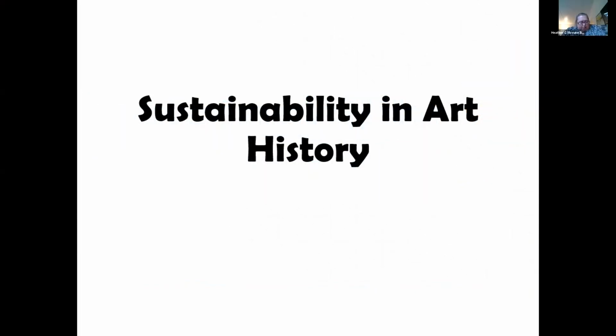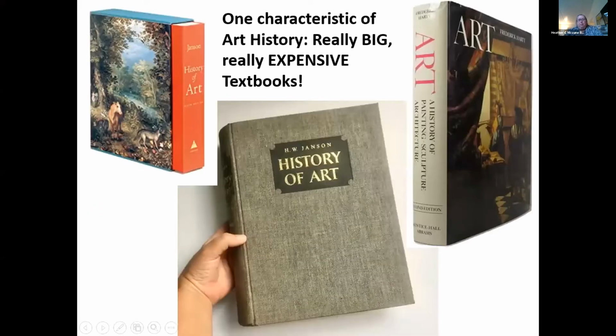I think a lot of my ideas about sustainability in the teaching of art history originated from the sticker shock I had as an undergraduate when I bought my first art history textbook. Even back in the late 80s, I started college in 89, I believe the textbook was already over $100 to get a Janson's History of Art.